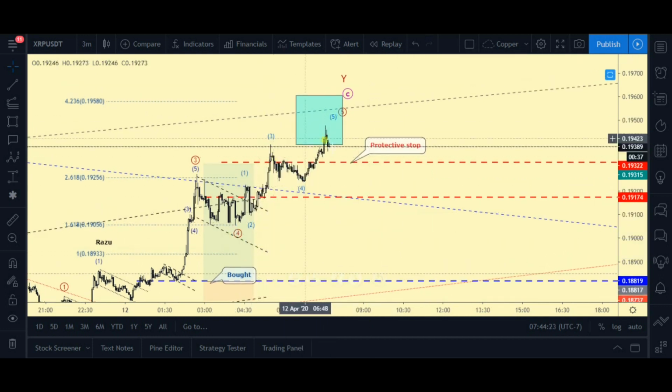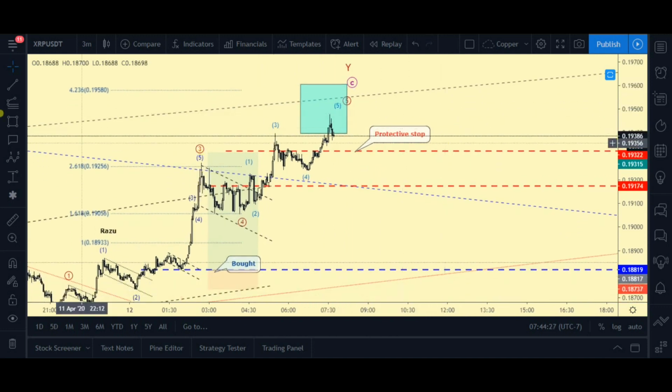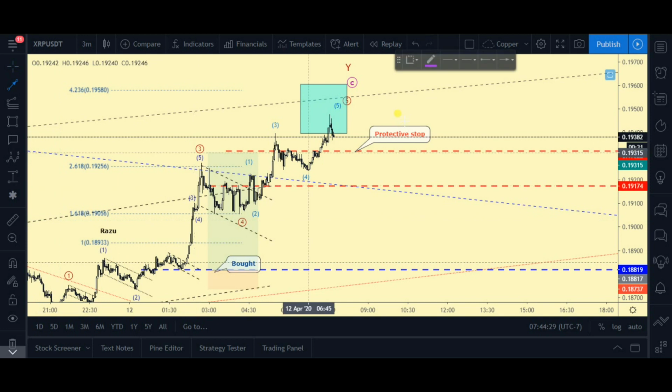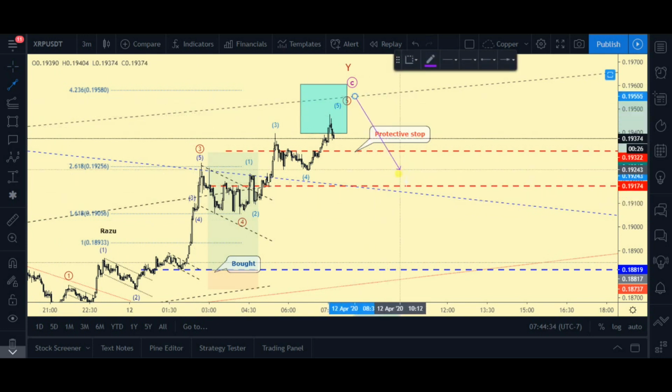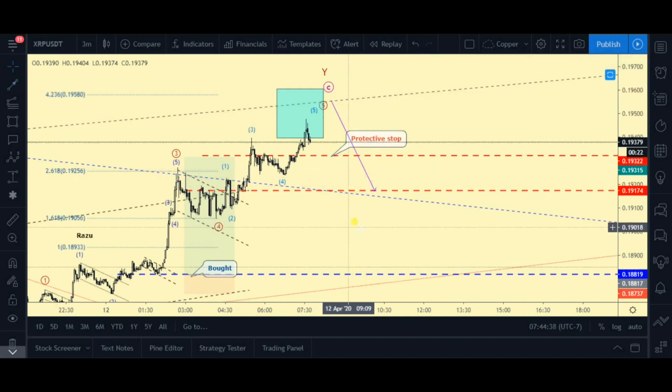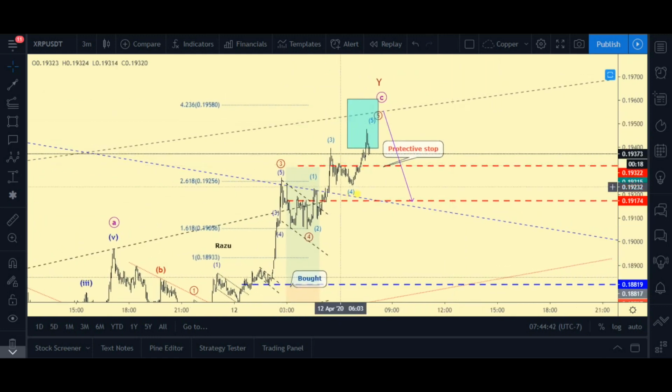So right now I'm expecting a reversal from here, and this reversal could come around this area, a correction. Then after that we'll have to wait for another confirmation whether the trend will continue up or down.